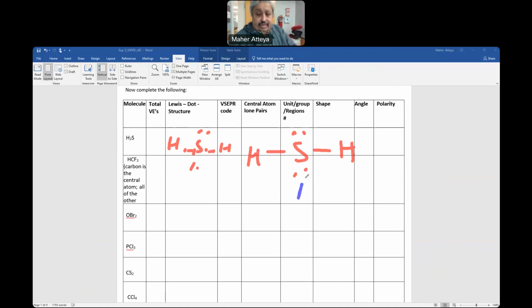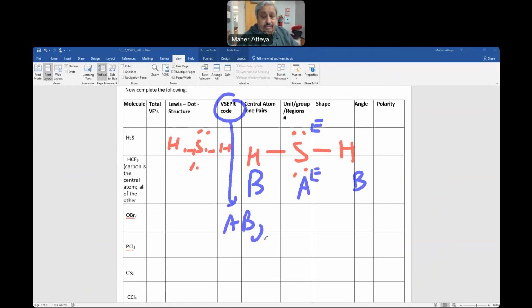This is my A, this is my B, this is my B, this is E, and this is E. So the VSEPR code will be AB2E2, correct? I go and look at the table: AB2E2 is bent, correct? The shape is bent. And the angle is less than 109, with two lone pairs. So I'm expecting it to be like H2O, around what?